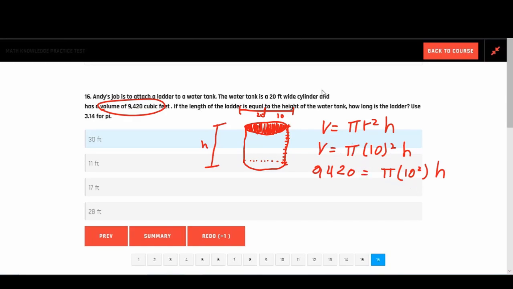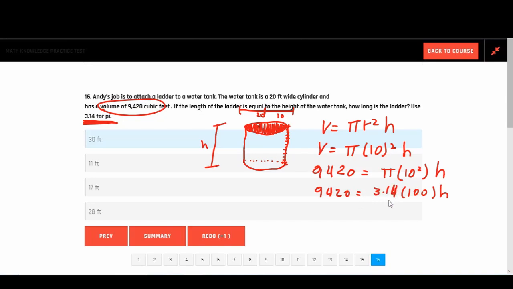And again, it says use 3.14 for pi. So let's go ahead and work that out. 10 squared is 100, as we know. H is just the height. We don't know that yet.